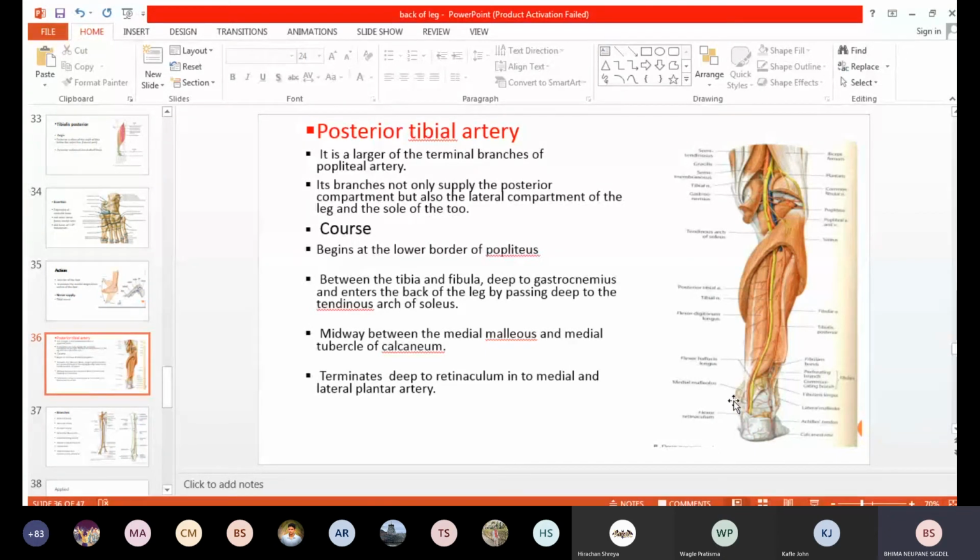Midway between the medial malleolus and the medial tubercle of the calcaneus, you have to remember the medial tubercle of the calcaneus and the medial malleolus. It passes here beneath the flexor retinaculum, and the posterior tibial artery will terminate by dividing into the medial and the lateral plantar artery. This is about the posterior tibial artery.